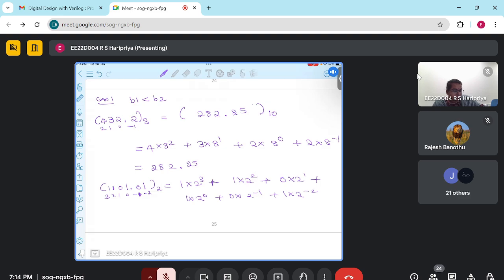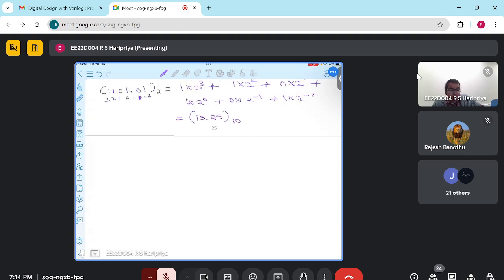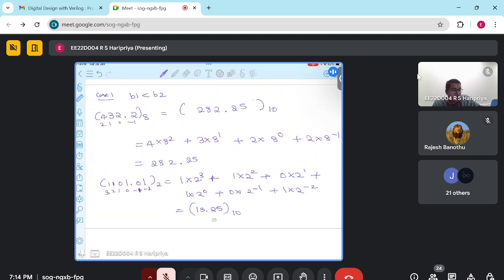So what will be the value? 13.25 in decimal. So this conversion, I hope it is clear, from any number system to base 10.